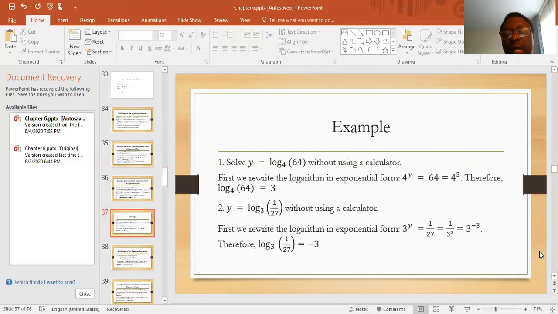The power of 3 that will give 1 over 27 is negative 3. So the logarithm in base 3 of 1 over 27 is negative 3. So logarithm is just a way to reverse the powers, the exponential.